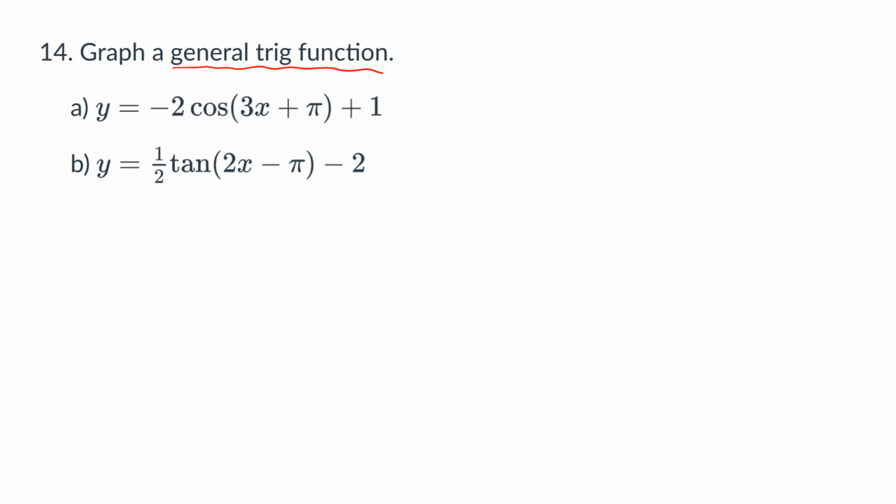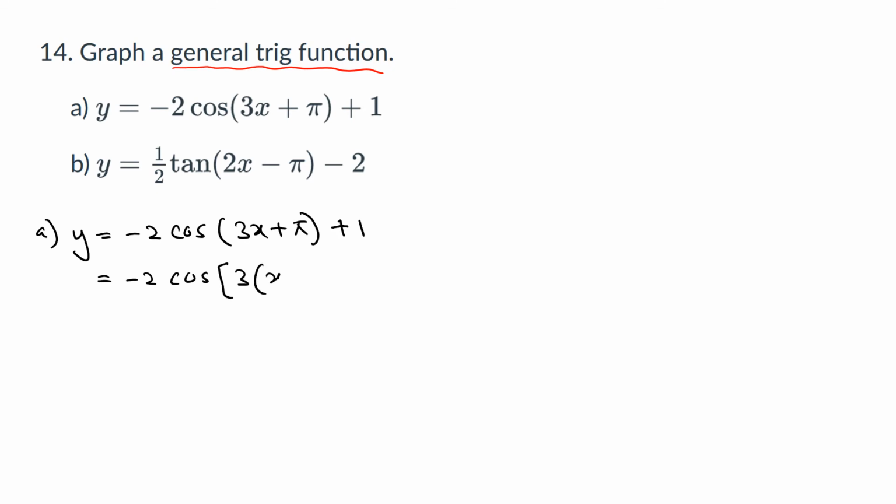So we have y equals negative 2 cosine (3x plus pi) plus 1. We can rewrite this using the standard form as negative 2 cosine 3 times (x plus pi over 3) plus 1.